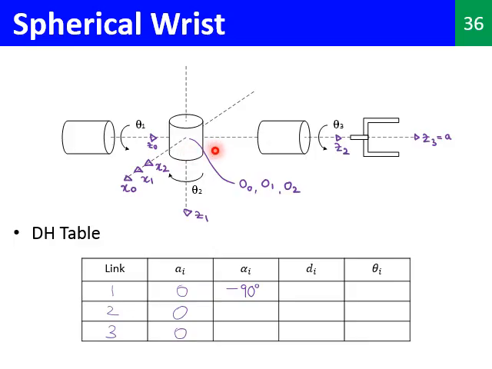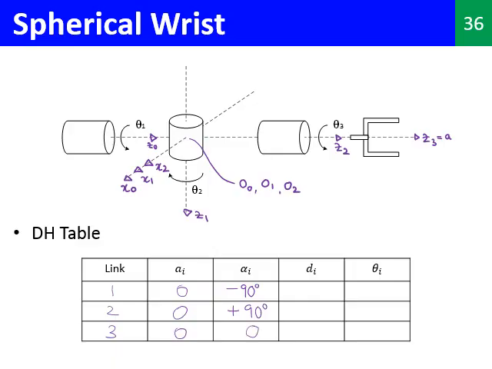But in this case, we are going to measure the angle about X2. The positive sense is counterclockwise. So this is counterclockwise. So that's going to be a positive 90. Okay, and finally the angle between Z2 and Z3, so they are basically the same axis, so that's going to be 0 here.